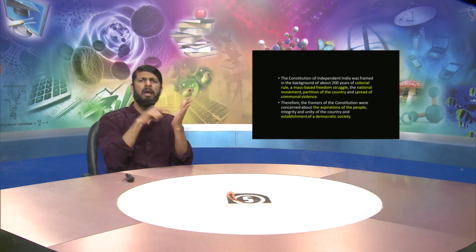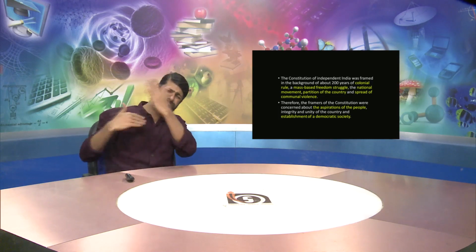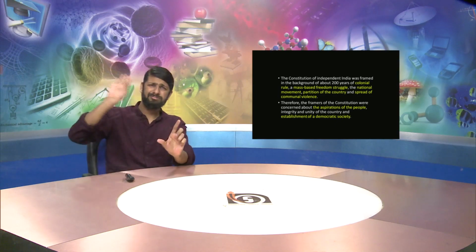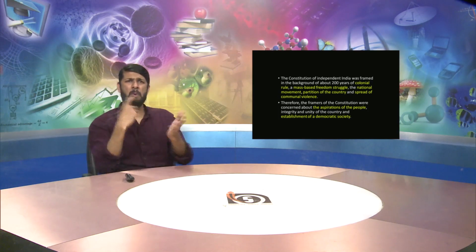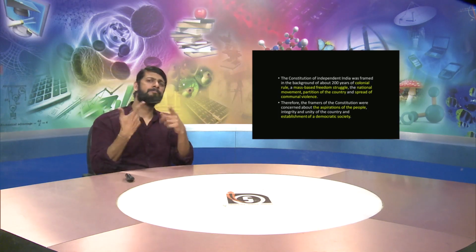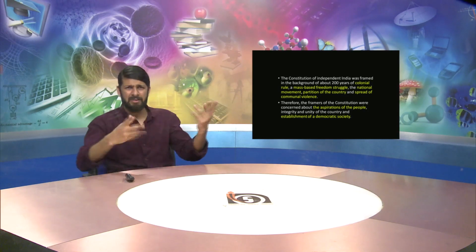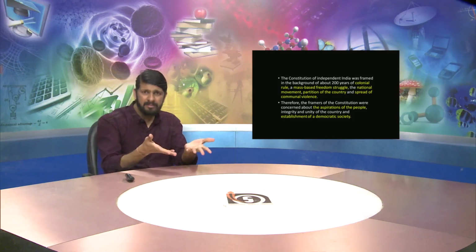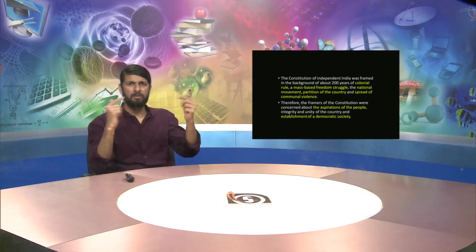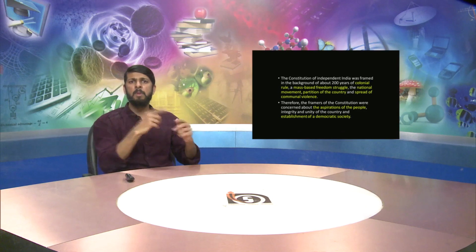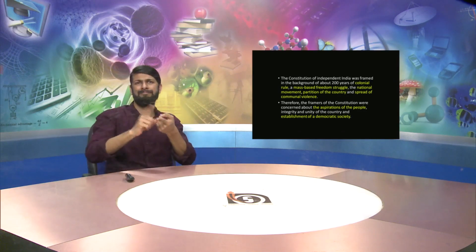The Constitution of Independent India was framed in the background of about 200 years of colonial rule, a mass-based freedom struggle, the national movement, the partition of the country, and spread of communal violence.